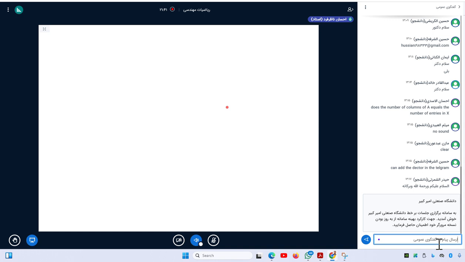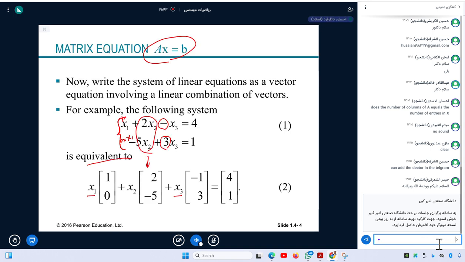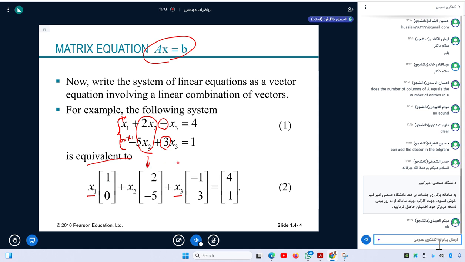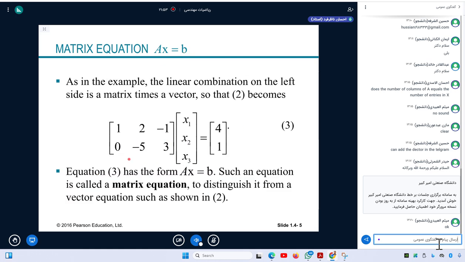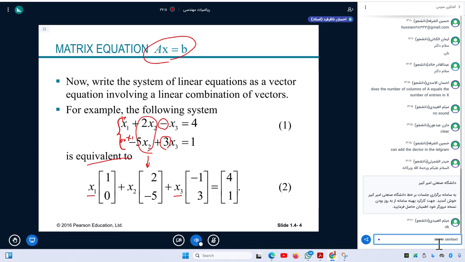So we can go further, and we can have actually these numbers as a matrix: 1, 2, minus 1, 0, minus 5, 3, as we would see in a second. 1, 2, minus 5, 0, minus 5, 3, and this is a vector x1, x2, x3, and this is 4, 1. So this is called the matrix equation. So brothers and sisters, see, we had this following system.